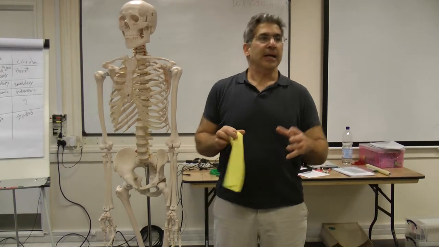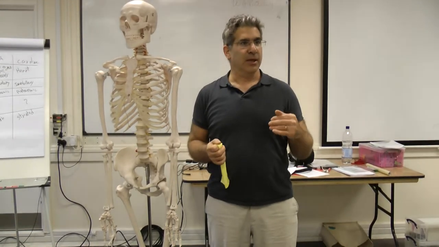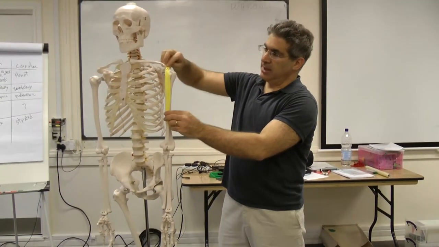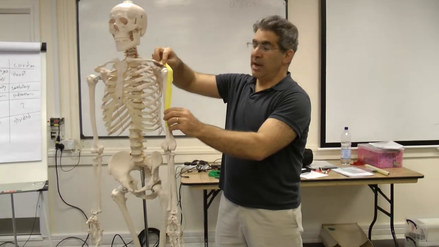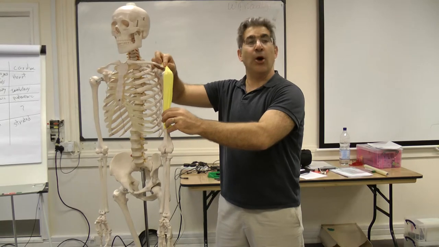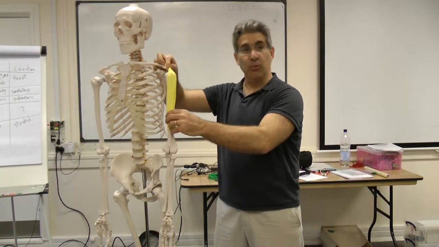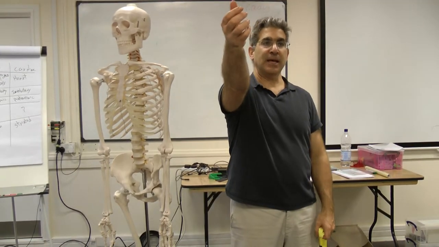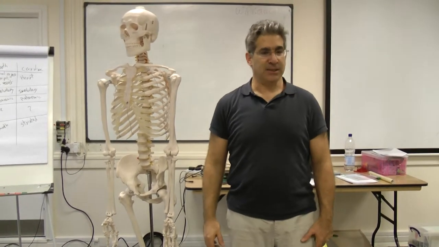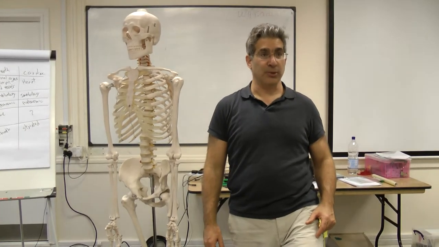So the third one is the antagonist. Antagonist muscle is a concept. If we have a muscle that does a movement, the antagonist muscle would be the opposite muscle that does the opposite movement. For example, if you have a muscle that does this movement, the antagonist muscle would do that movement. If you have a muscle that does this movement, the antagonist muscle would do the opposite.